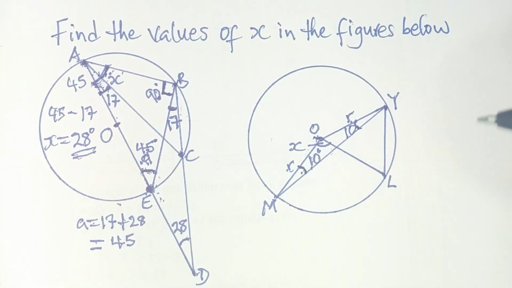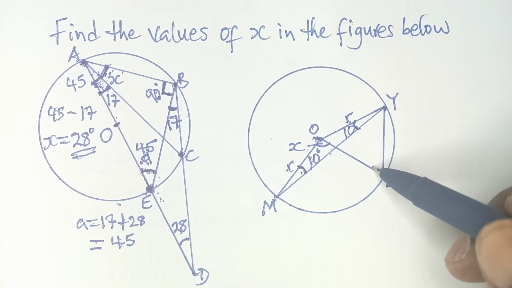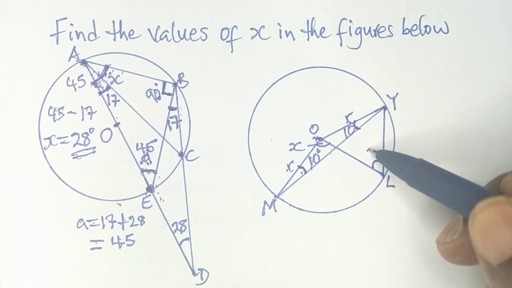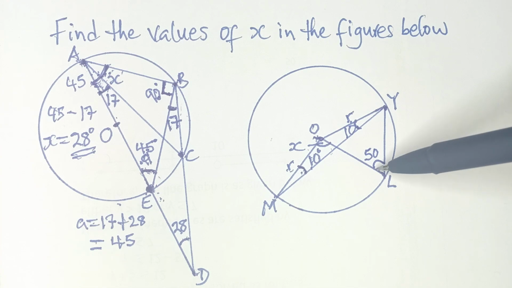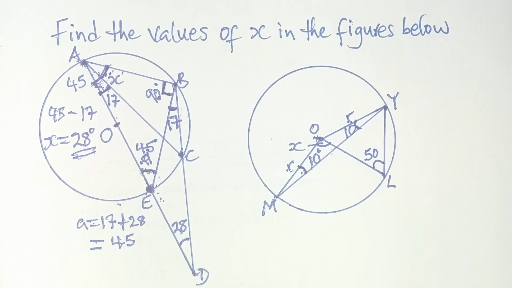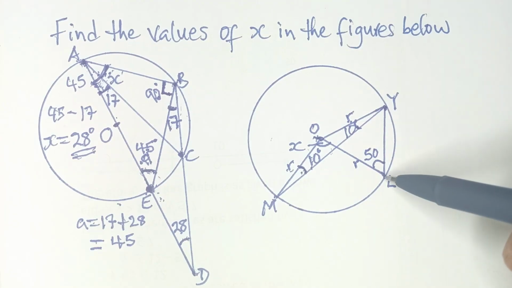Now, don't forget that in this portion of the triangle, there's a missing angle here. This angle here is supposed to be 50 degrees. So if this angle here is 50 degrees, and this is also a radius, from center to circumference is also a radius.